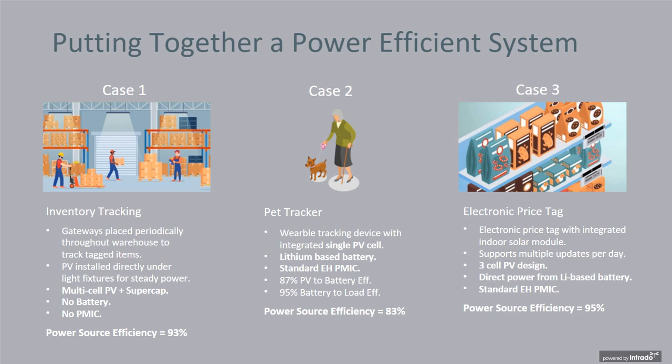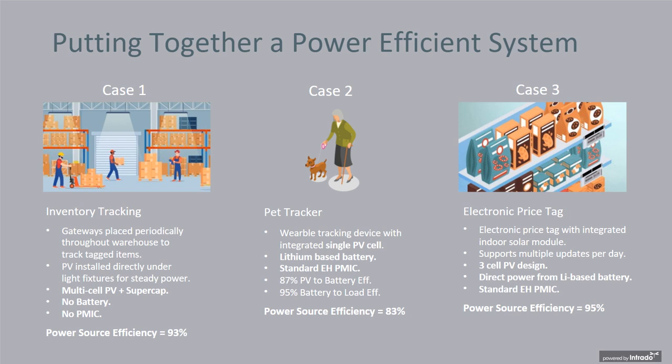Case number 2 is a pet tracker, a wearable device with an integrated PV cell. Since it's a wearable and it's curved around a surface, we're going to see a lot of irregular lighting, so we're going to opt for a single cell PV. We want the device to be able to operate when there's no light present, so we're going to throw a lithium battery on it.